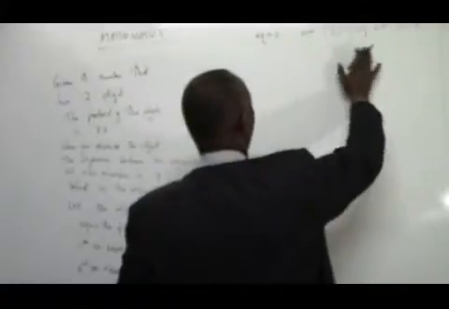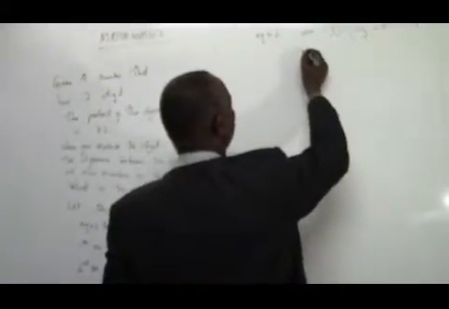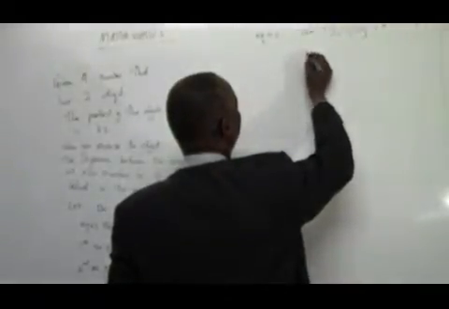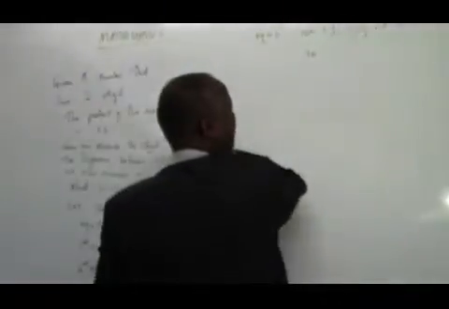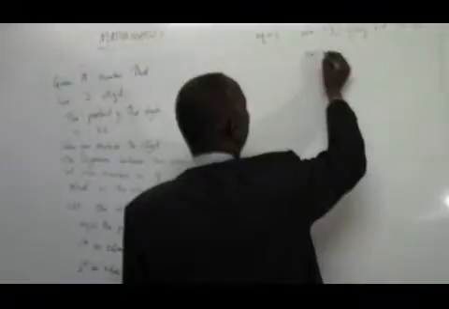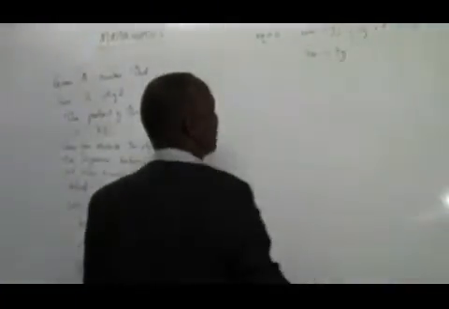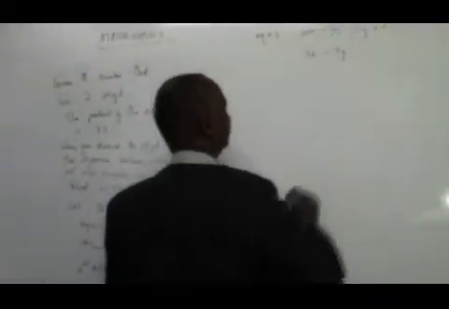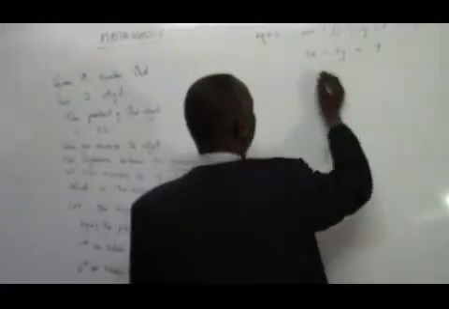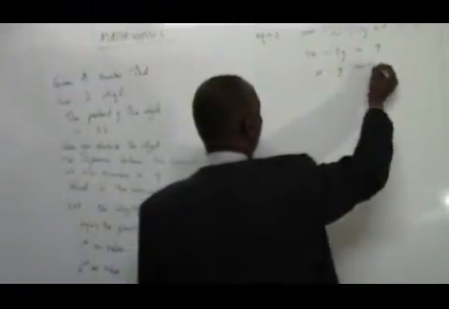Equation 2, if you simplify it, it will be something like 9x minus 9y is equal to 9. If you divide across, it means that x minus y is equal to 1.